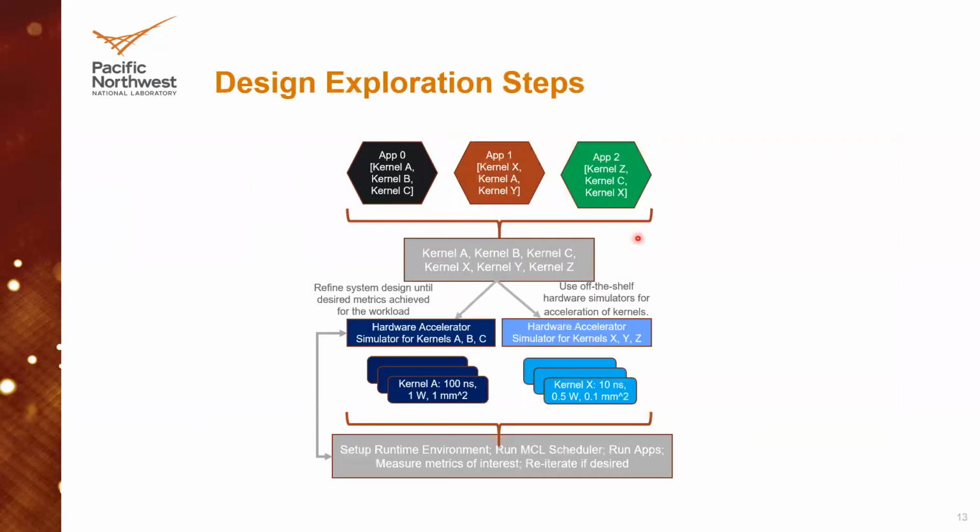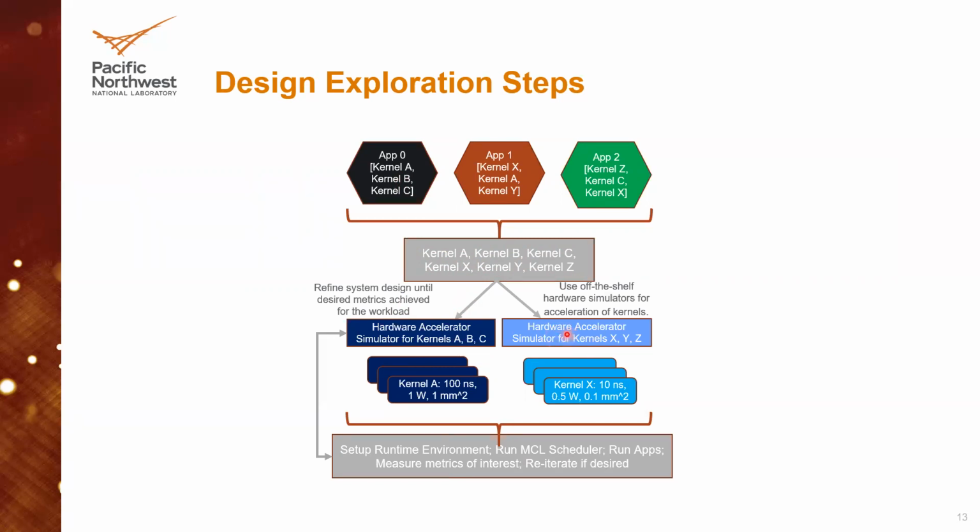This figure shows a design flow, one particular way of doing design space exploration, where you might have multiple applications and they have different kernels, and maybe there is some overlap of different kernels, here ABC XYZ. And then you have a couple of hardware accelerator simulators, where one only does a simulation of kernels ABC, and this hardware accelerator simulator does simulation of kernels XYZ.